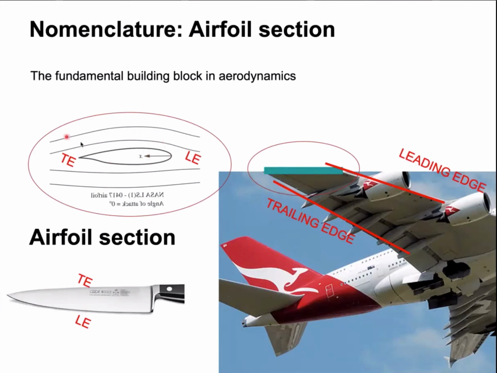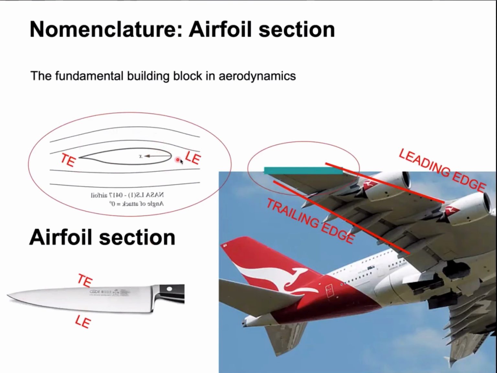As the air comes and hits this wing, it will split left and right, just like when you're cutting your bread or your steak or whatever your favorite food is. It splits left and right, but in an uneven, unequal fashion.